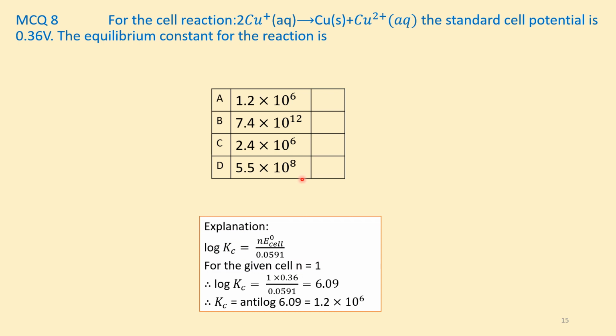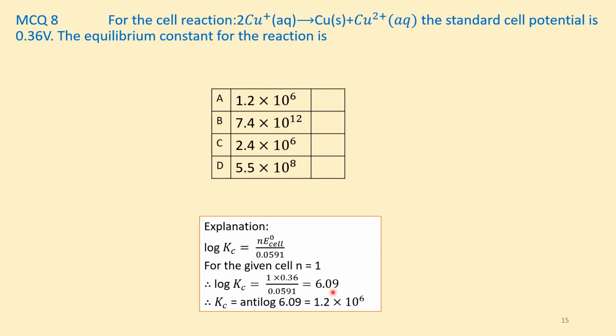Meanwhile, I will give my calculations. So log of Kc, we know the formula. Apply the formula. Log of Kc is equal to n into E naught cell divided by 0.0591. For the given cell, n is equal to 1. Therefore, log of Kc will be equal to 1 into 0.36 divided by 0.0591.